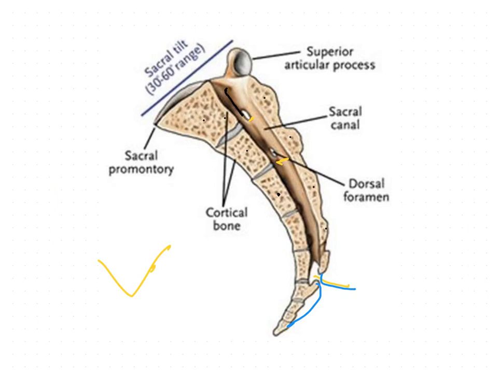Okay. Now, the floor of the hiatus gives attachment to the deep posterior sacrococcygeal ligament. The margins of the hiatus give attachment to the superficial posterior sacrococcygeal ligament. So finally, this hiatus is attached to the sacrococcygeal ligaments.